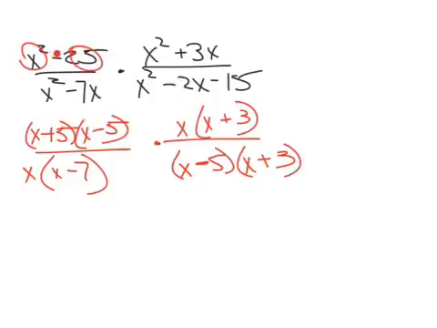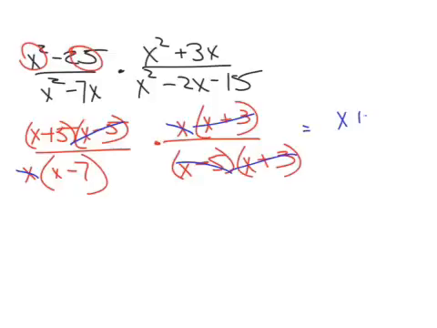So we took this one, this one, this one, and this one, and simplified all of them. Notice they're a lot easier to deal with because the x squareds all disappeared. And remember, we can cancel the things on the top with the things on the bottom. There's an x there, an x there, an x minus 5 there, an x minus 5 there, an x plus 3 there, an x plus 3 there.